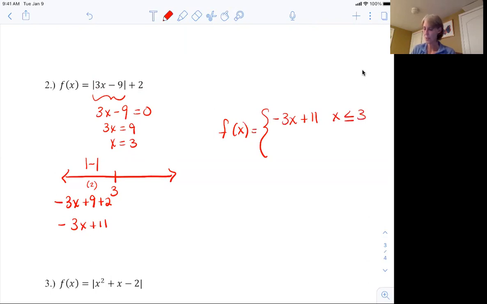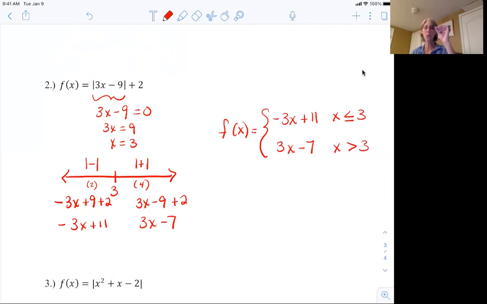And we'll move on to the other side. If I take a number bigger than 3, I get a positive number just inside. We don't care about the outside yet, just inside. When I drop the signs, I don't have to do anything, but I have to remember to tack on that plus 2 at the end. 3x minus 7, if x is greater than 3.